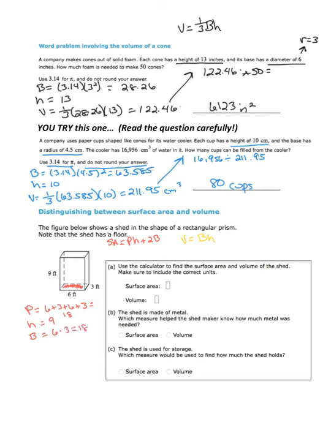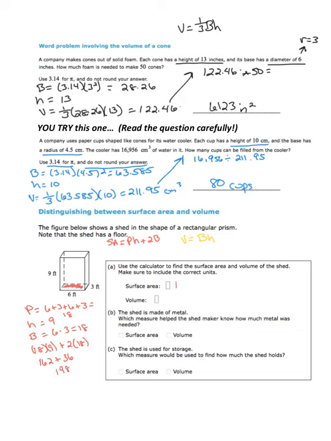So surface area is 18 times 9 plus 2 times 18. 18 times 9, 162 plus 36, 198.